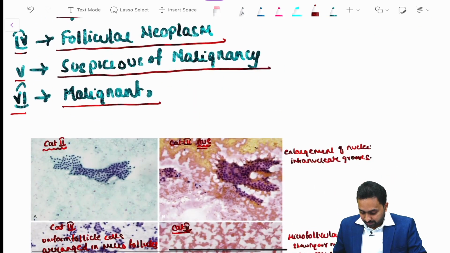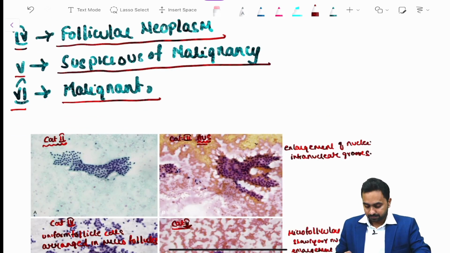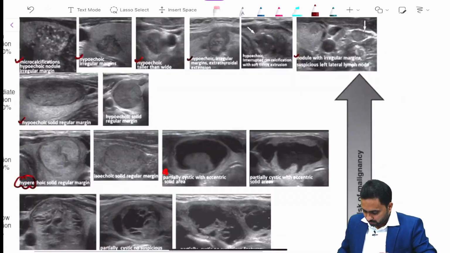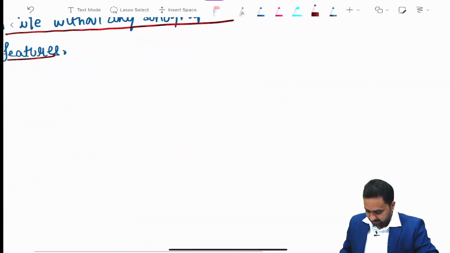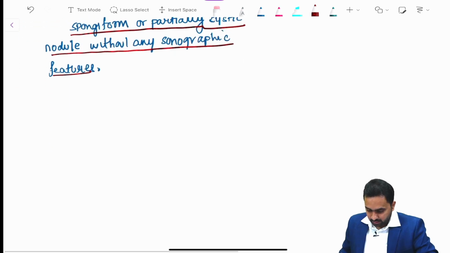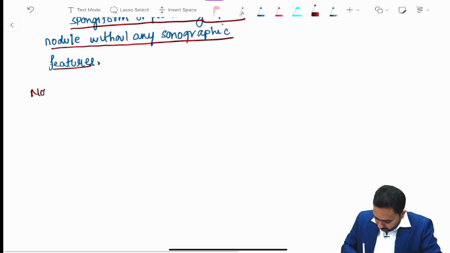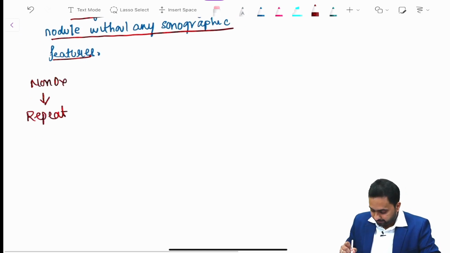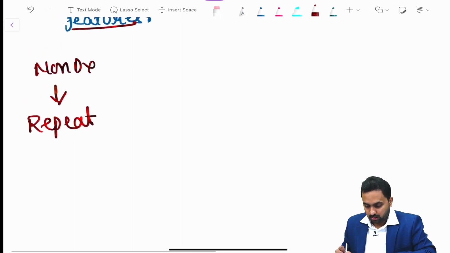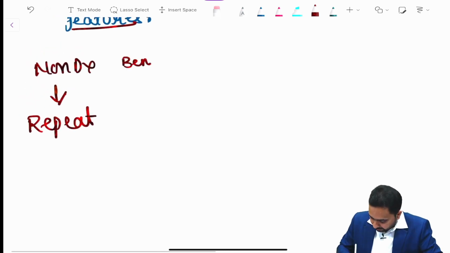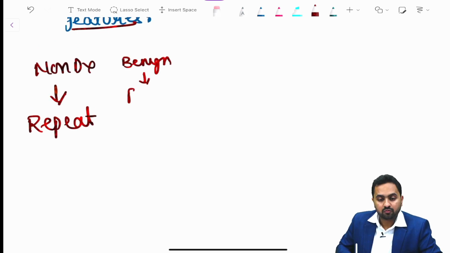So now on the basis of what you get in your cytological findings, it forms the basis of your treatment. So if we see the treatment part, if it is non-diagnostic, then what we do is repeat your FNAC, right. Now if it is benign, we follow up the patient.